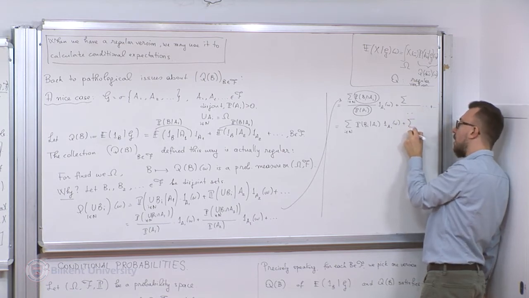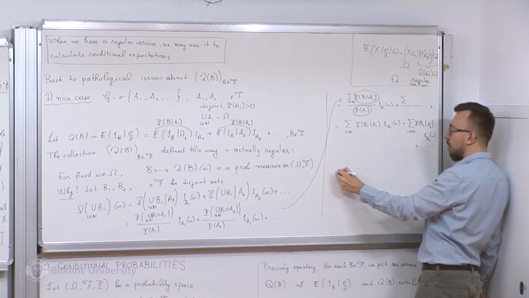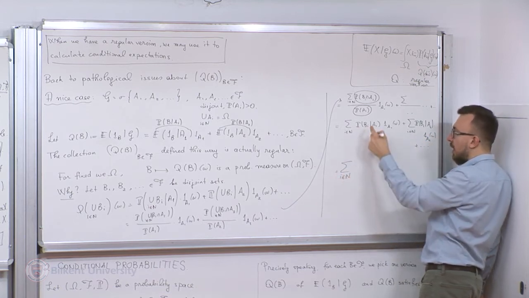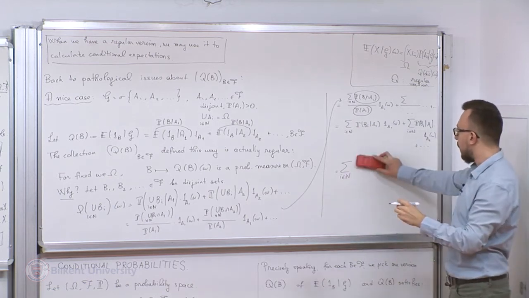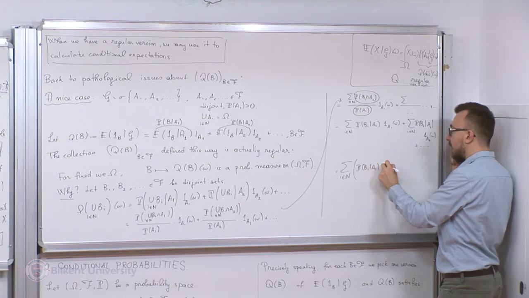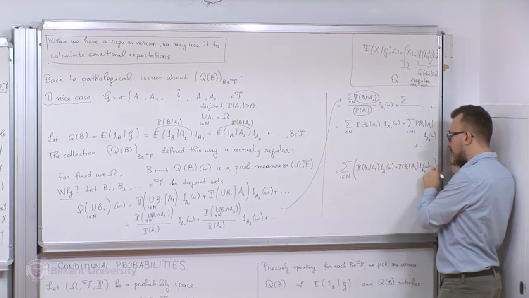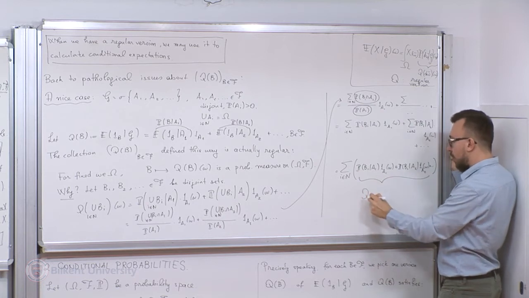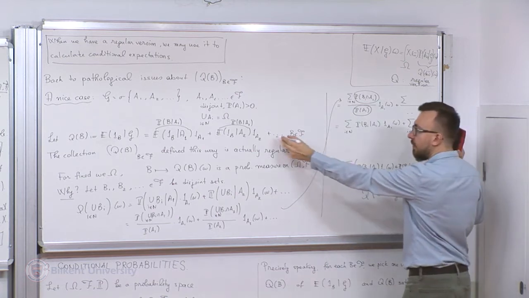So this is going to be Bi given A2 times indicator A2, etc. So if we collect all of those things, what we get is Bi given A1, indicator A1, Bi given A2, indicator A2, etc. And this is simply Q of Bi given G by this definition.